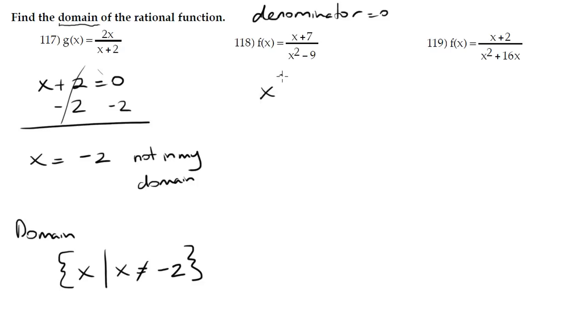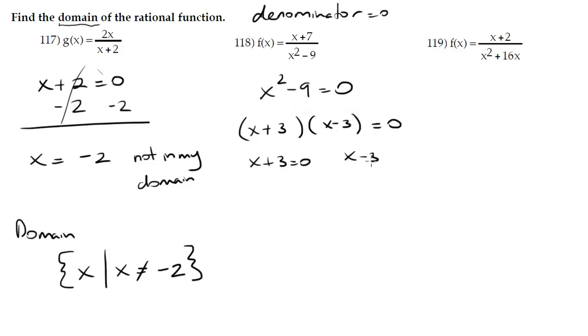Same check here. Check where that denominator equals 0. I'll use a different approach for this. How about if I factor this? Difference of two squares, x squared minus 3 squared. x equals 3.